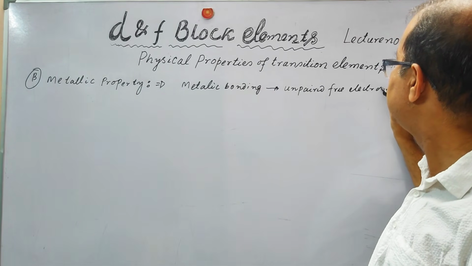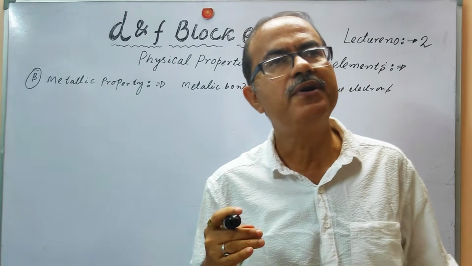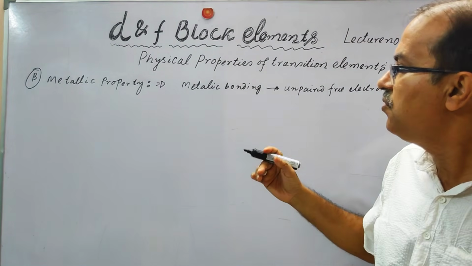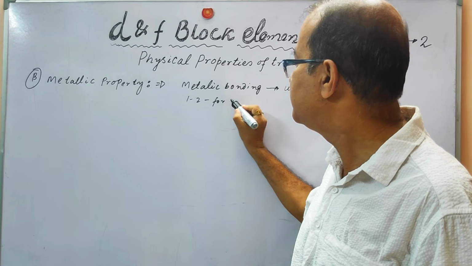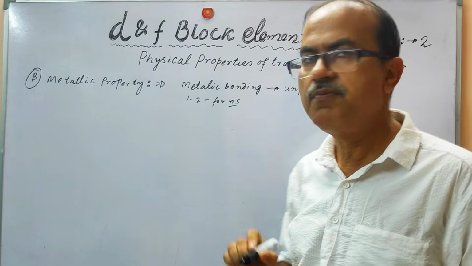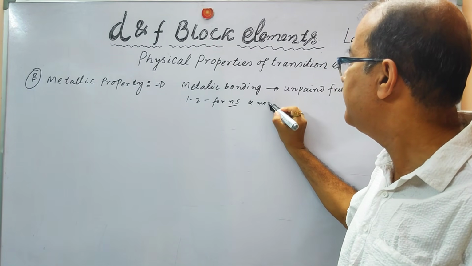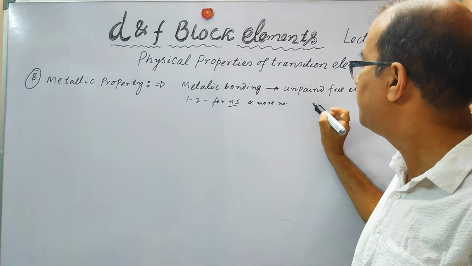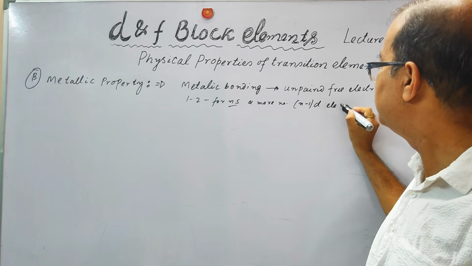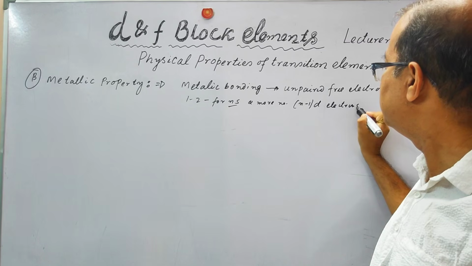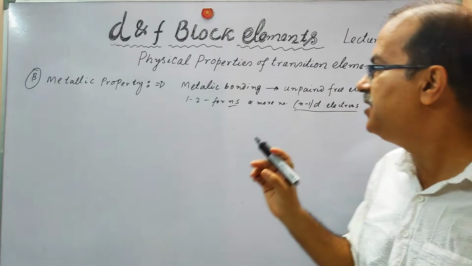And we know that in the case of transition metal elements there are more free electrons: 1 or 2 electrons from the ns orbitals, and more electrons from the (n-1)d orbitals. So these are unpaired free electrons.